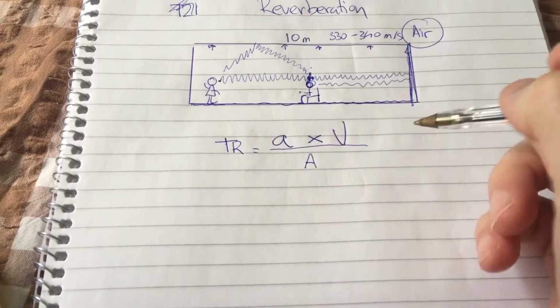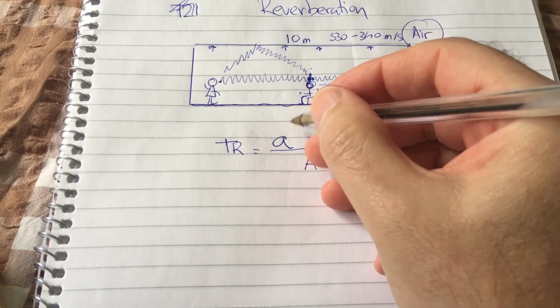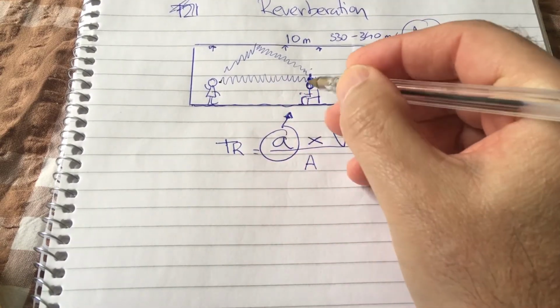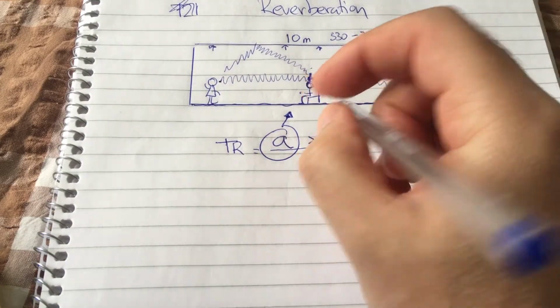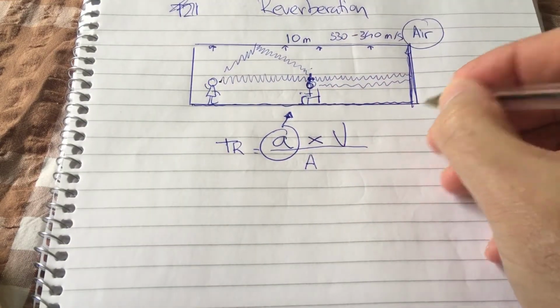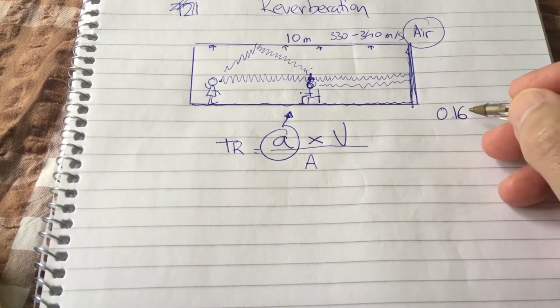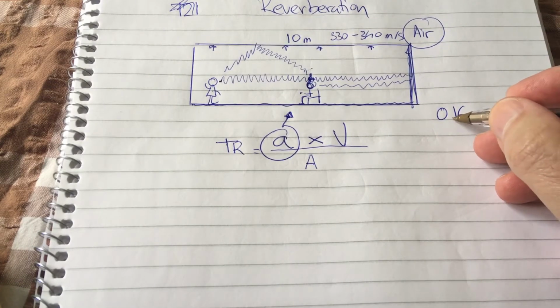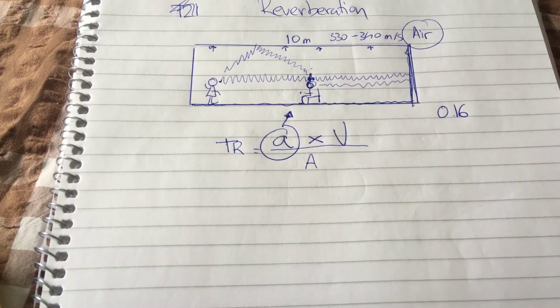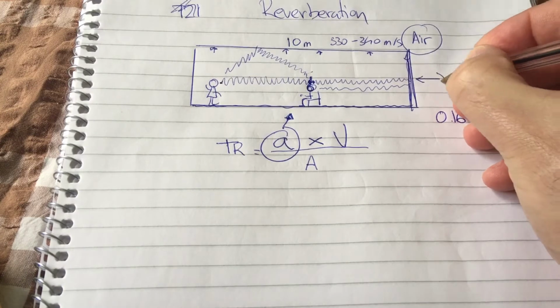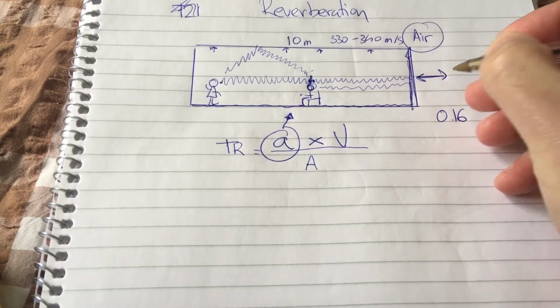Now, in your exercise, this A, this coefficient of absorption, is given to you. And I'm going to say that for this material, for this fabric, we're going to have this coefficient as being 0.16.